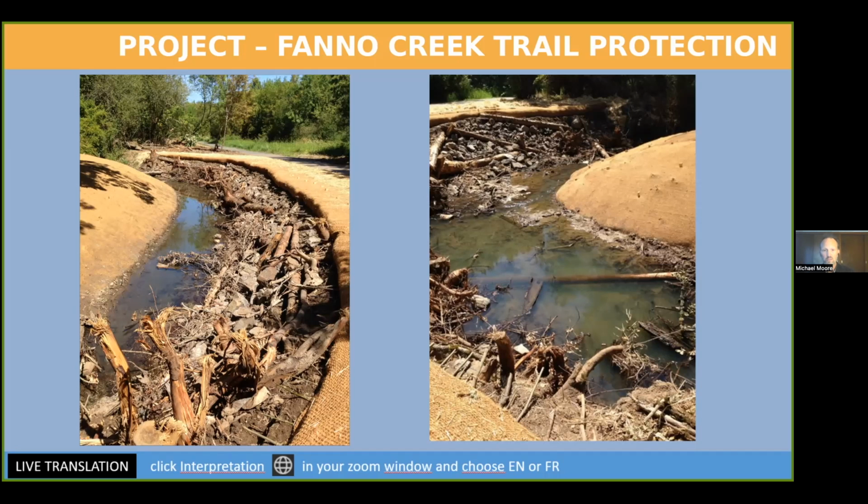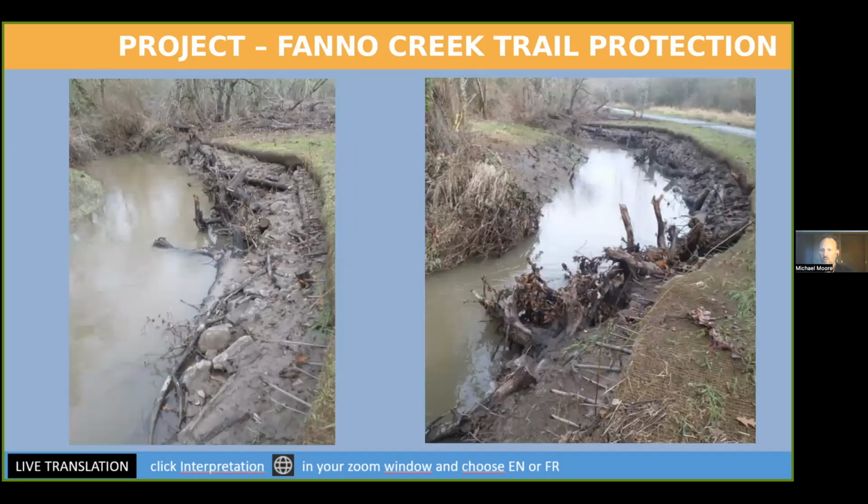And so here's some pictures. That next season, once the storms had a chance to come in and move through the system, you can see that sediments have been deposited, showing evidence that there has been a reduction in velocities and more stability.